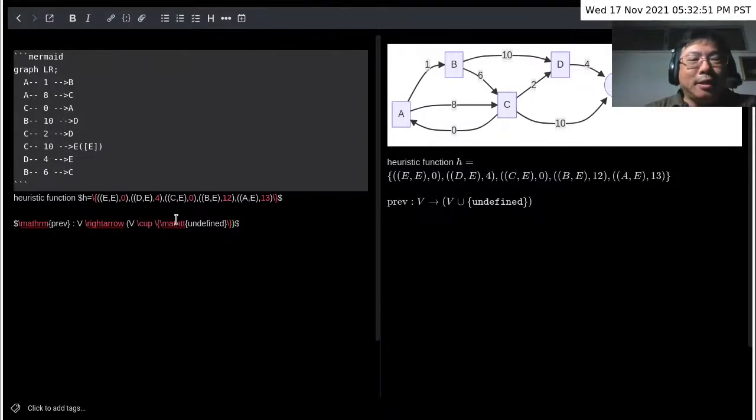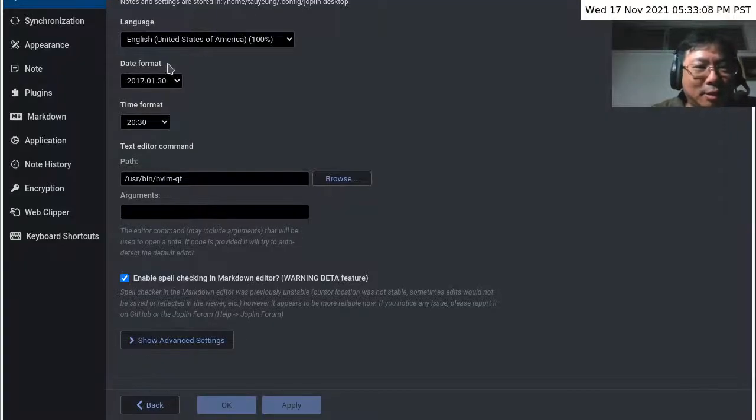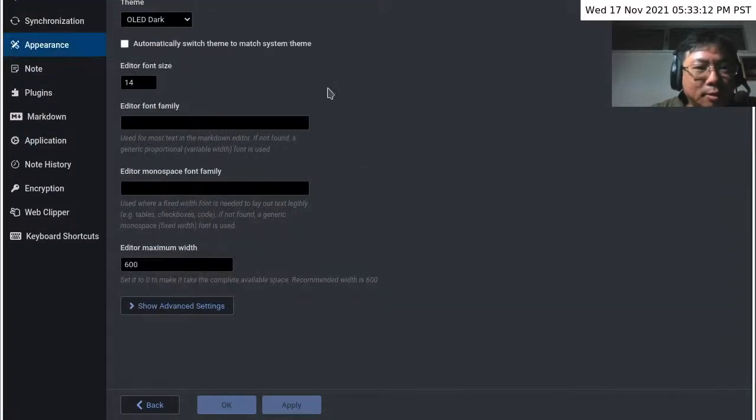Oh, by the way, for those of you who are not taking CISP440 because you would have seen me doing that yesterday already, Joplin actually has a, okay, let me see if I can show you that. I know I'm digressing a little bit here, but this is actually kind of exciting to me, so I'm going to show you. So if you go to, I think it's appearance.